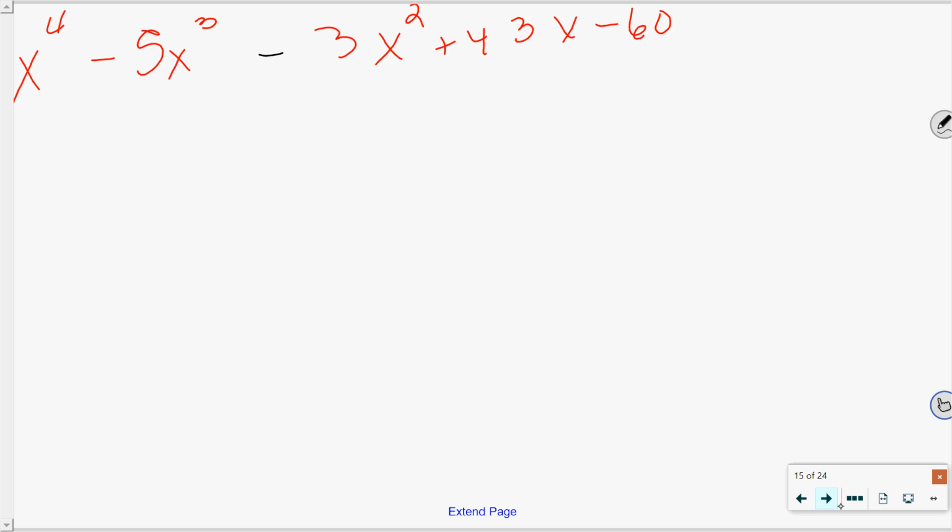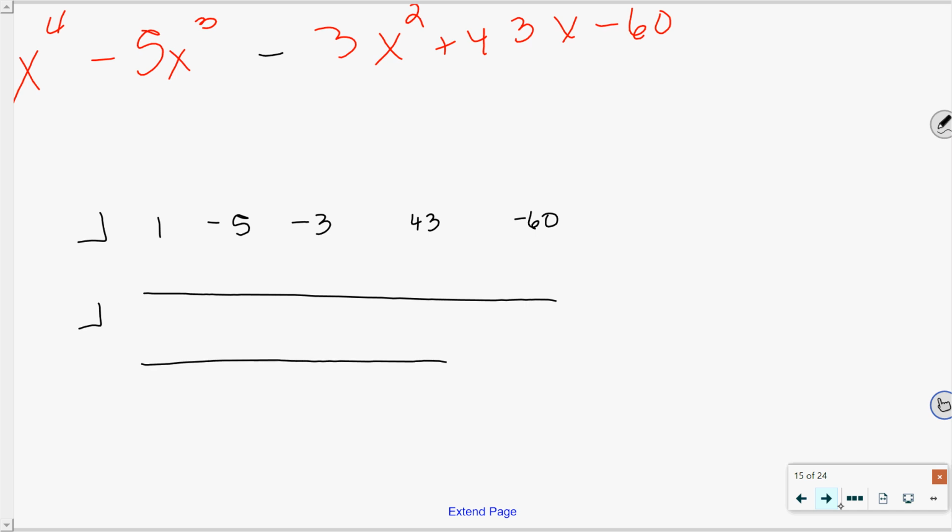So I'm going to set up my synthetic. I know I have to do it twice. Before I go ahead and make the list, you guys make the list first. See if you can get that list down.